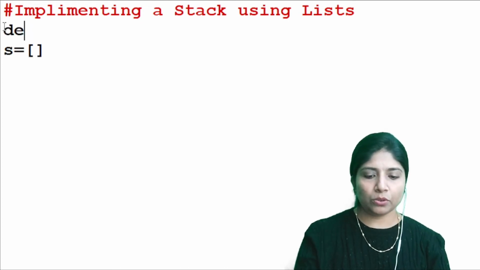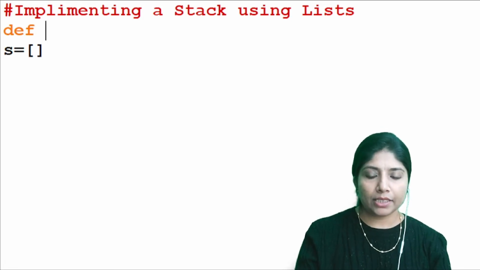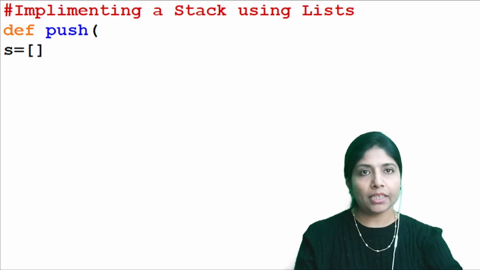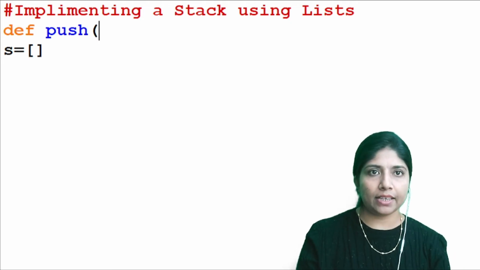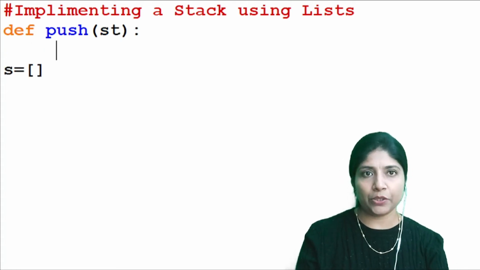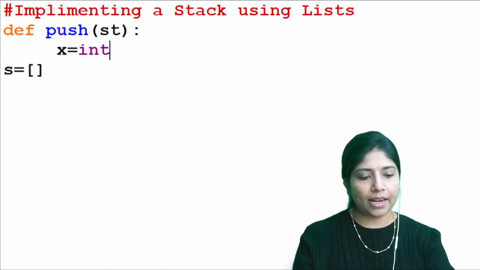To create a function, we will be using def, and then the function name. Here I am giving the function name as push, and I am going to receive the stack as the parameter of this function. So here I am naming the stack as st for this function only. Now I am asking the user to enter an element.